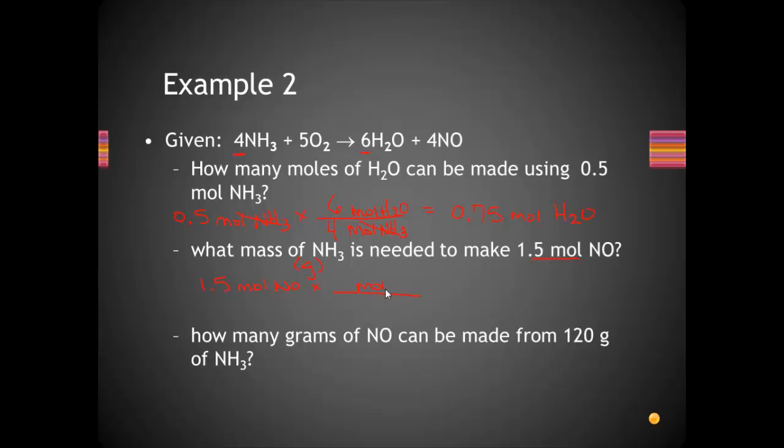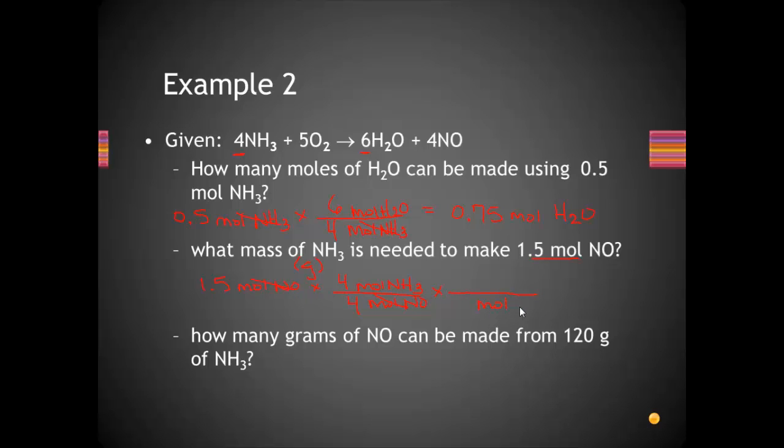That's the mole ratio. So moles of NO is going to cancel out down here on the bottom, and from the balanced equation there's a coefficient of 4. The NH3 also has a coefficient of 4.